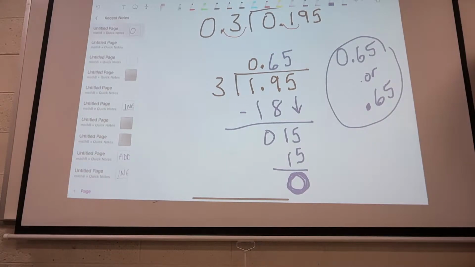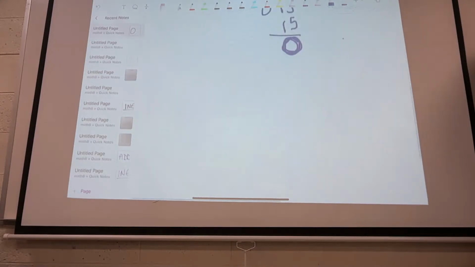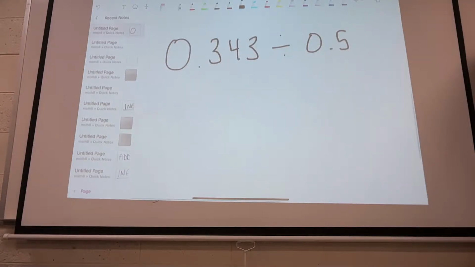And like I said, we're not going to do all of them. Let's try number 6. 0.343 divided by 0.5. Okay, again, rewrite it.